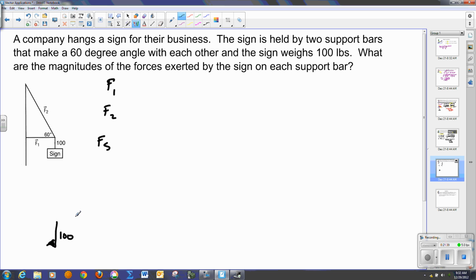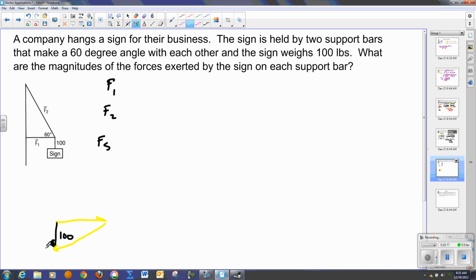And if we were to do this in a tip-to-tail method, if you will, one force would have to be going to the right, and another force would have to be going down in this direction to get a resultant force of this type.